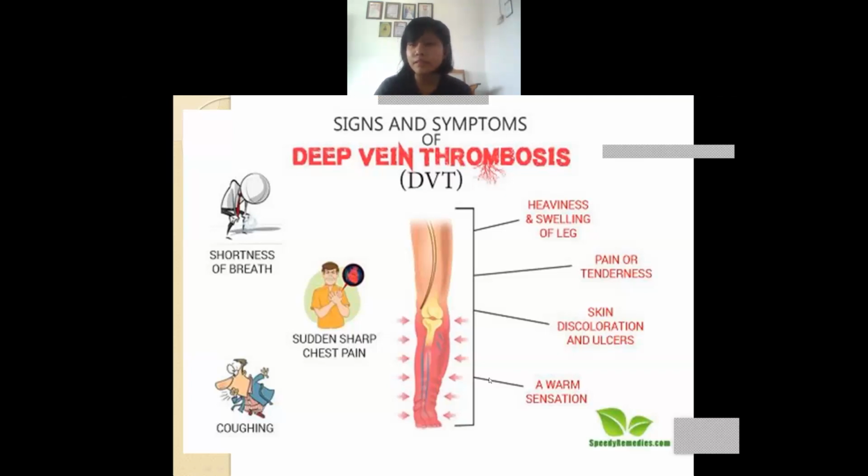And the next is a warm sensation, meaning the person will feel warm in whatever area is affected. It won't be the normal temperature the person was feeling. Is it all right? Is it clear through this portion?